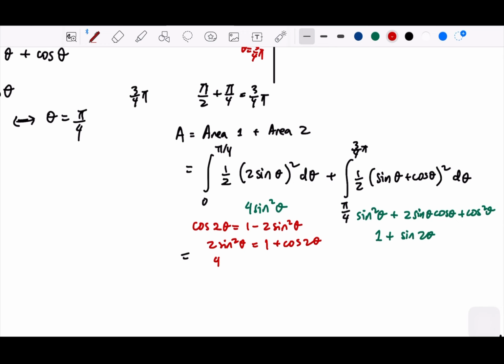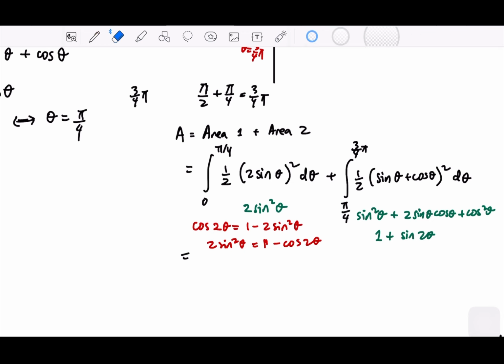And this is 4, or maybe let me make it the same, because it's multiplied with 2, so it will be 2 sine squared theta, so 4 by 2. Okay, so we could directly exchange this. Oh, it's not plus, sorry, should be minus.